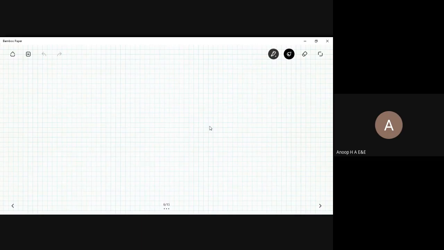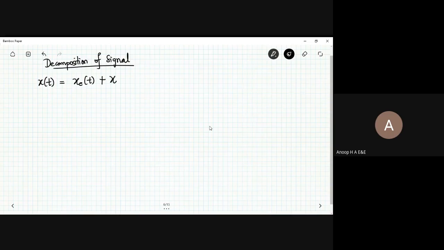Now what you need to do is have a signal where you will be having both even components and also odd components. We generally call that the decomposition of a signal. So you need to write a signal where it contains the even component and also the odd component.